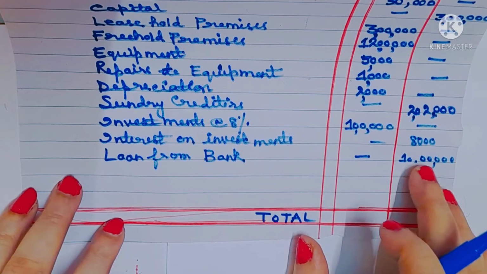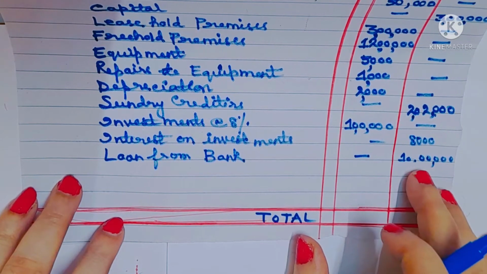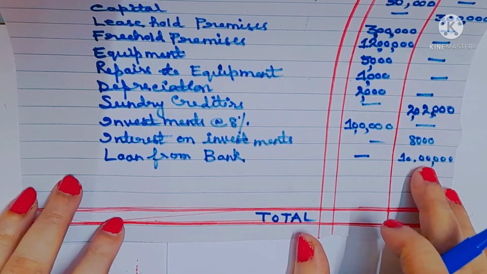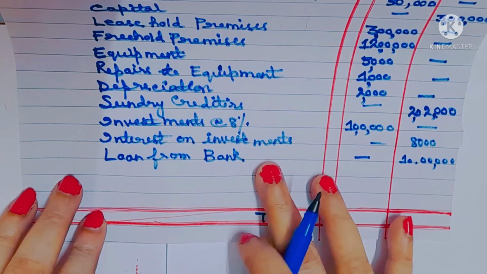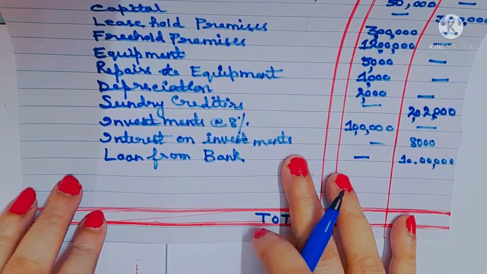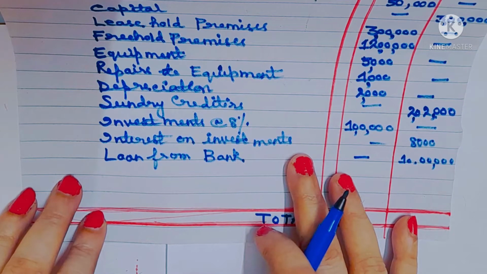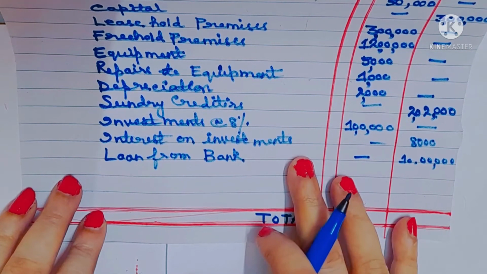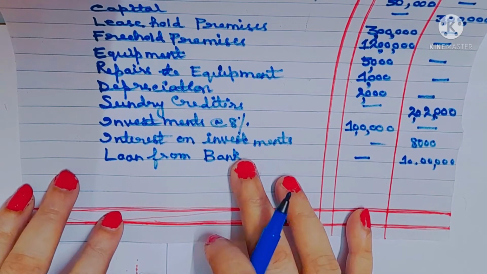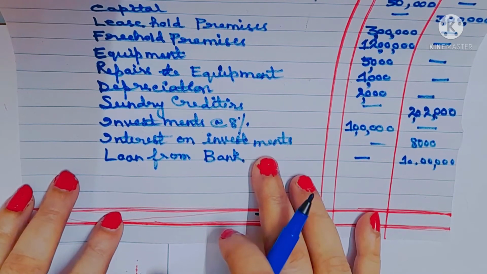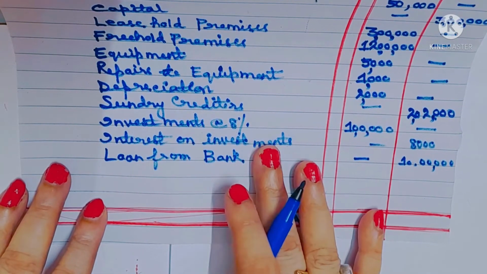That's the reason we are writing 10 lakhs in the credit column. But why is loan from bank a credit balance? Because loan from bank falls under personal account. According to personal account, the giver of the benefit is credit. So, loan from bank is the giver of loan. So, loan from bank will be credited. Understood? Let's see the next account.